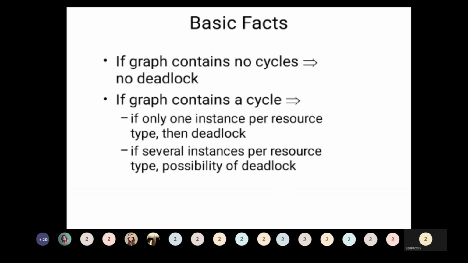If there are several instances of that particular resource available, even though the graph contains a cycle, there may be a chance of deadlock, but surely we can't say there will be a deadlock. But if there is a single instance of that resource type in the resource allocation graph, then deadlock will occur for sure.